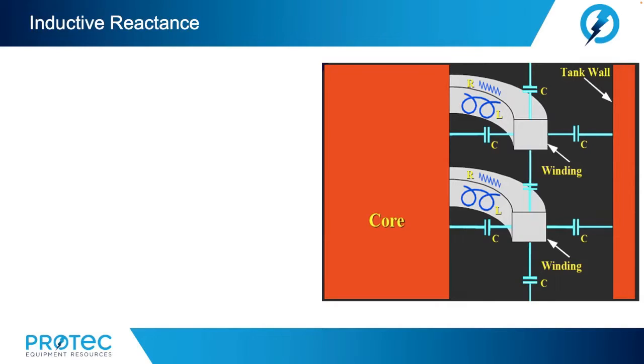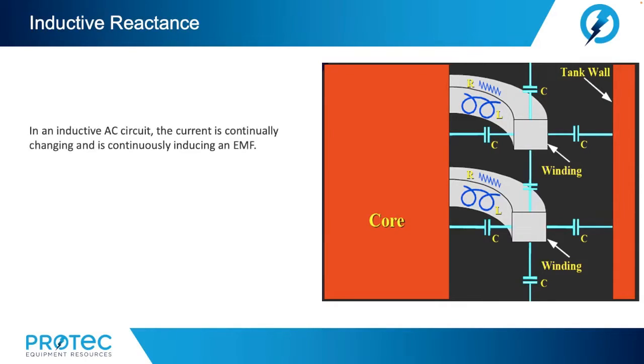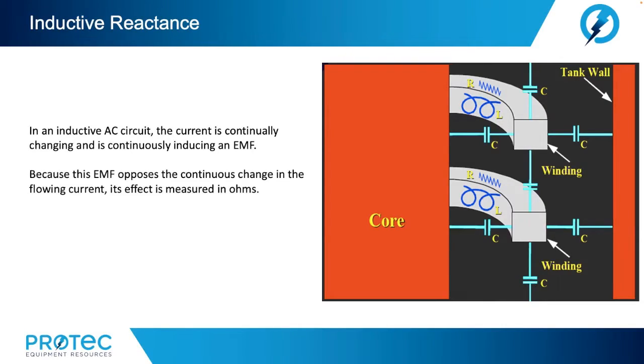All right, let's talk about inductive reactance. In an inductive AC circuit, the current is continually changing and is continuously inducing an EMF. Because this EMF opposes the continuous change in the flowing current, its effect is measured in ohms.